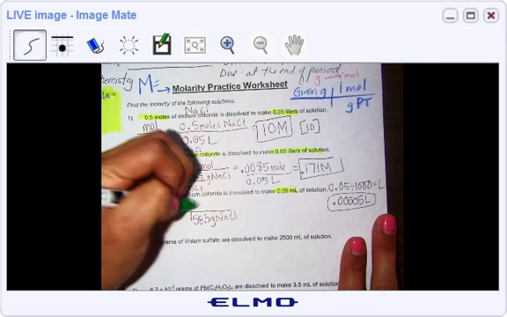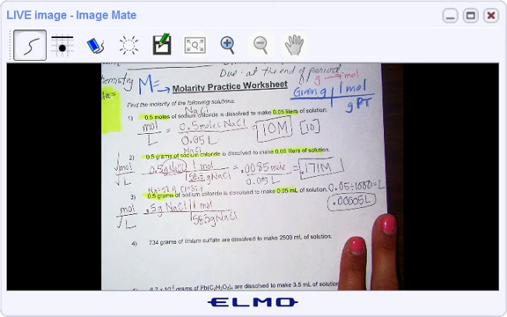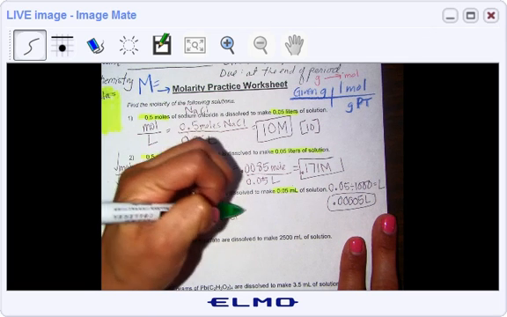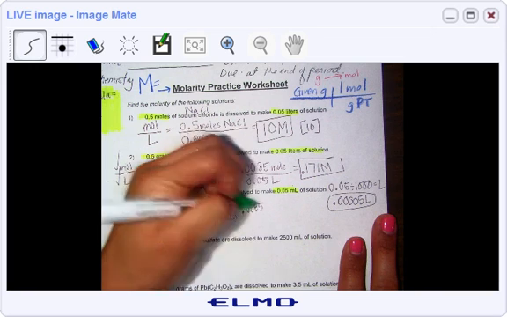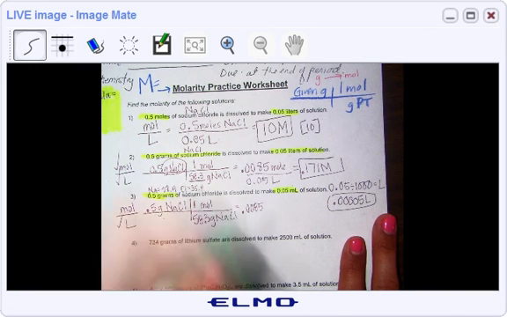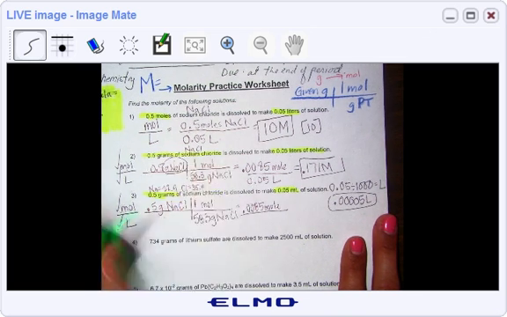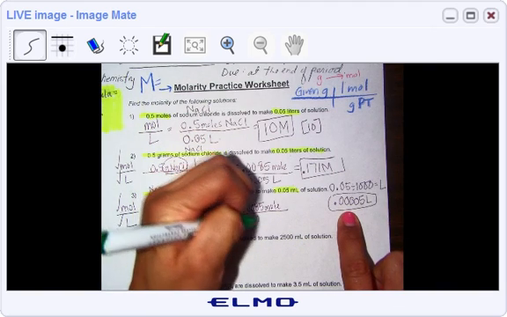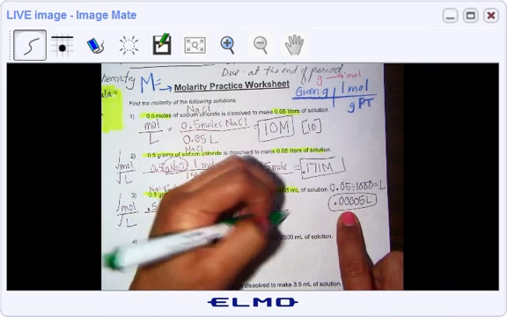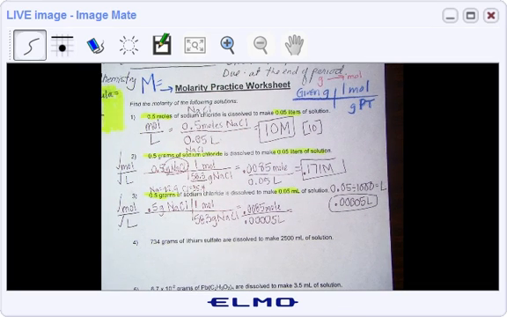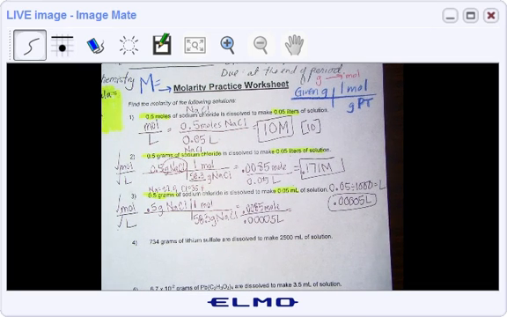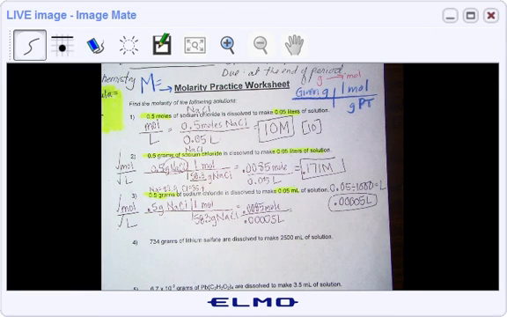You always put a 1 mole on the top right-hand corner for these problems. And now I have my mole. So I have my mole, and I have my liters. Now I just need to divide the two.